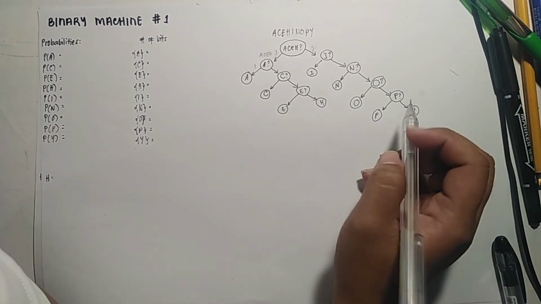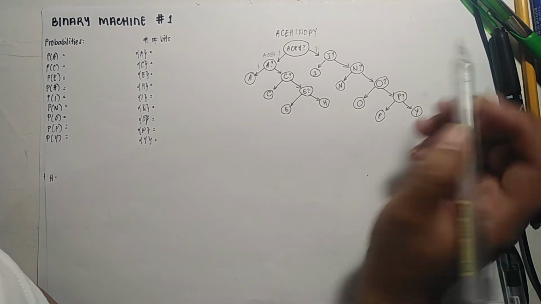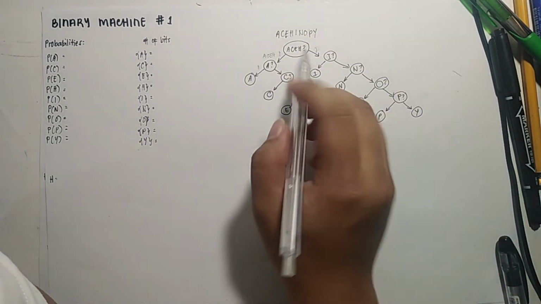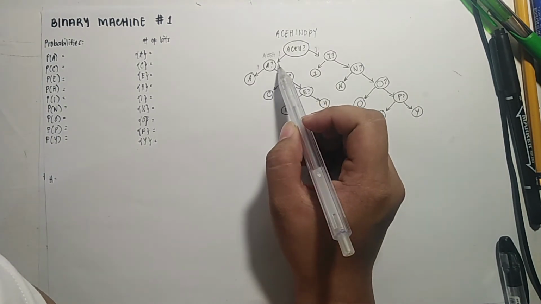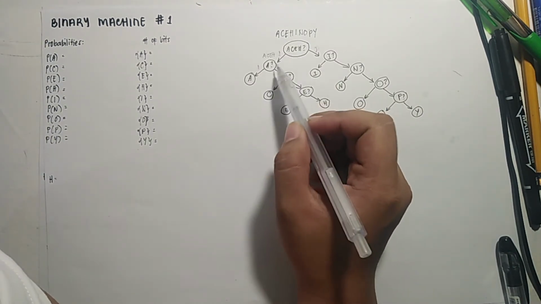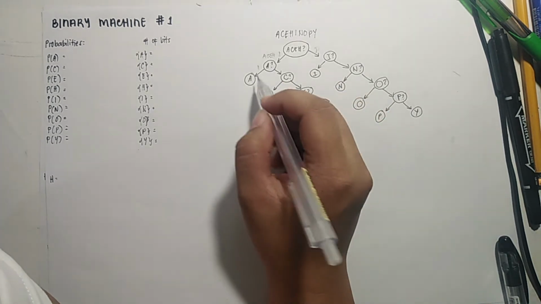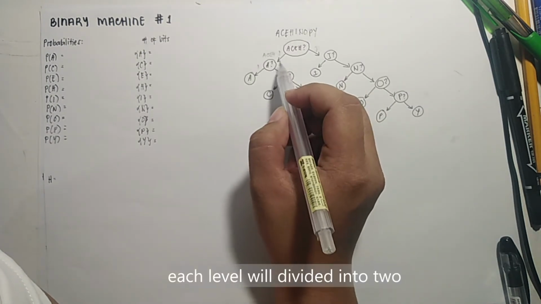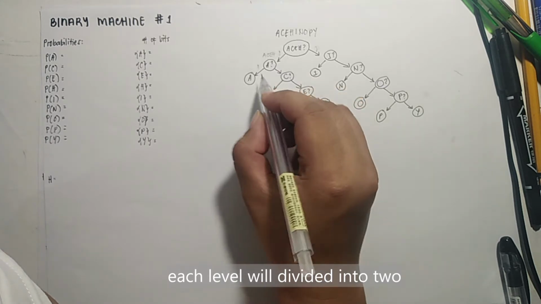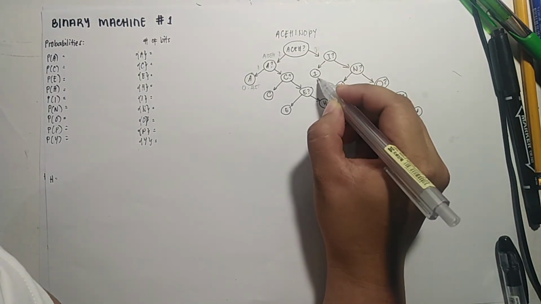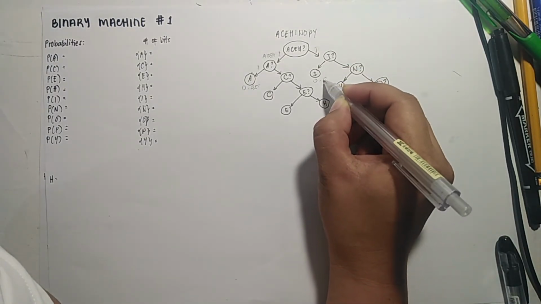Solving for our probabilities, each level will be divided by 2. For the second level, that's 0.5, but our A is on the third level, so our probability is 0.5 divided by 2, that would be 0.25, and the same for the letter I, that would be 0.25.